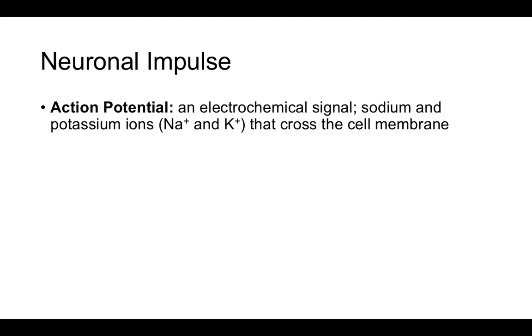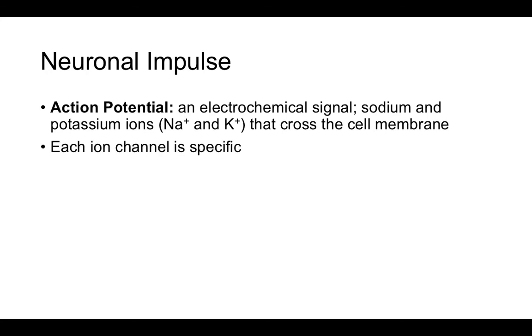So the neuronal impulse, we refer to this as an action potential. The action potential is an electrochemical signal. It's sodium potassium pumps, and they basically change sides of the membranes to allow for the electrical impulse to carry the entire length of the axon.